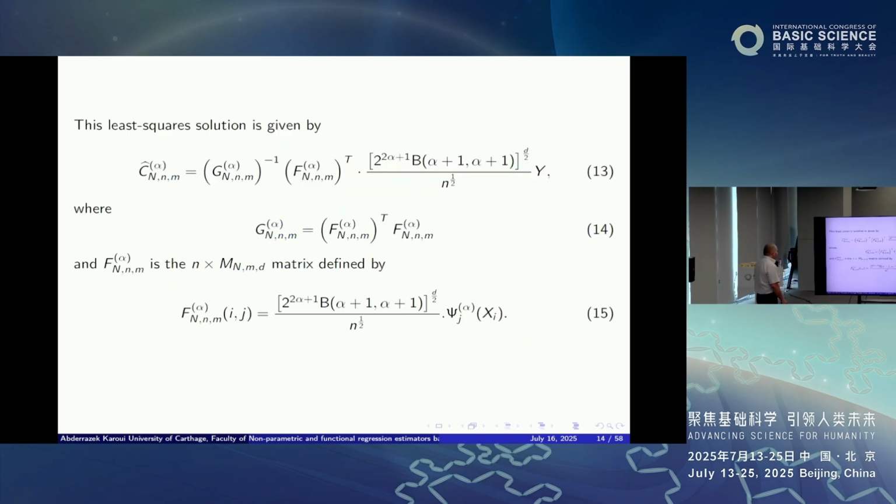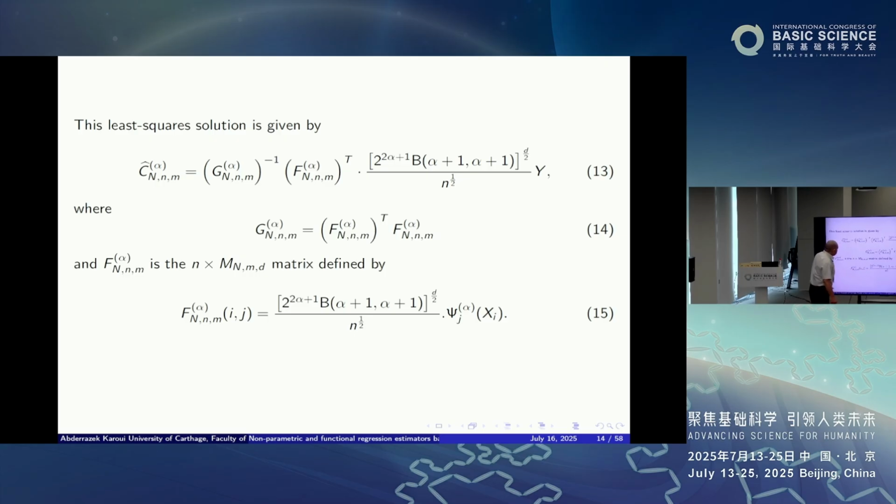The solution is given by this formula, where this matrix is invertible with high probability. It is a random projection matrix.